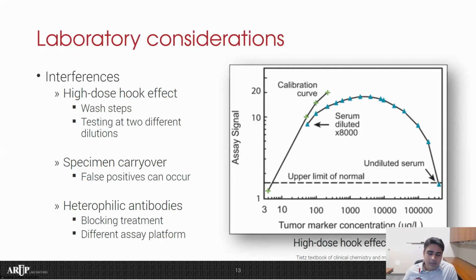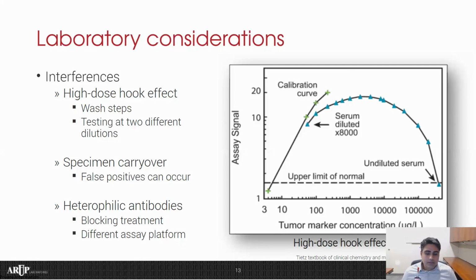Some of the manufacturers are aware of it, and they incorporate wash steps to prevent high dose hook effect. Another thing that laboratorians can consider is doing dilutions or testing at two different dilutions. But again, cost versus benefit considerations need to be taken into account before doing that.